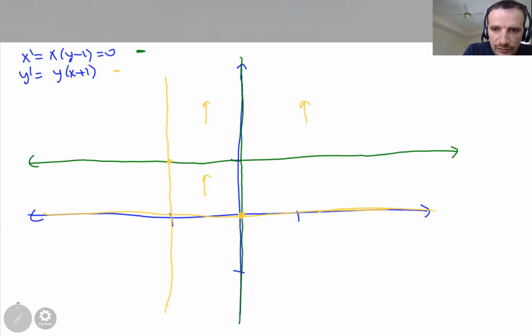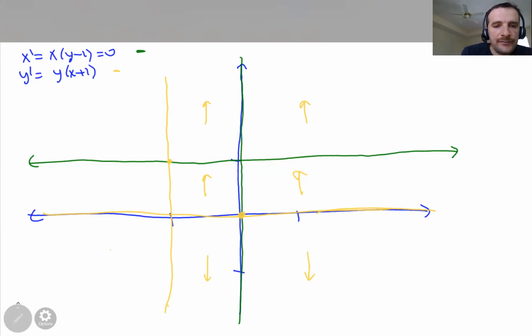Why are there 4 sub-regions? Because remember, I am interested in this whole region. So y prime is all positive, that's why that is all increasing. Similarly, on the bottom here, it's all negative. Which one is the y is negative, but x plus 1 is positive. So in total, y prime is negative. So direction is this, guys.